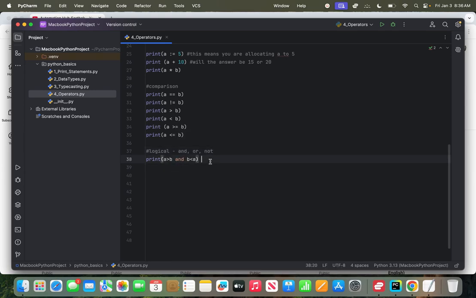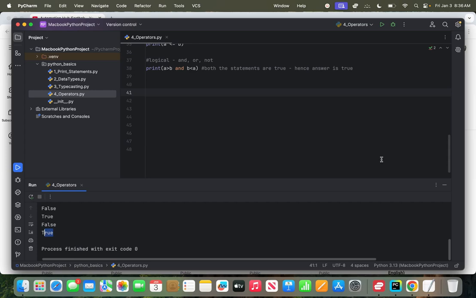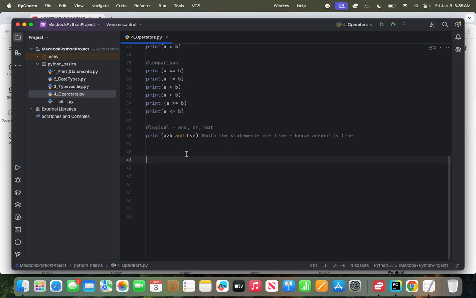So here both the statements are true. Hence, answer is true. You will see that. True. Because both the statements are true, right? So, AND operator suggests, see, it is same in Java. Both have to be true. If either of them will be false, then it will be false.